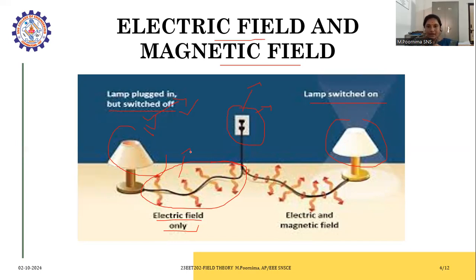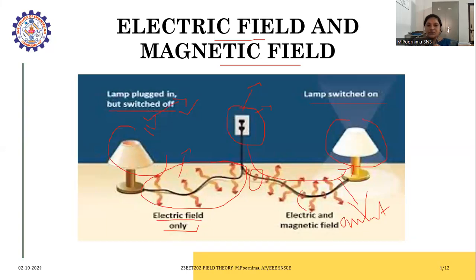Now, coming to the magnetic field. When the switch is on, the electrons are moving. The flow of electrons is known as current. When the current passes, the magnetic field is produced.